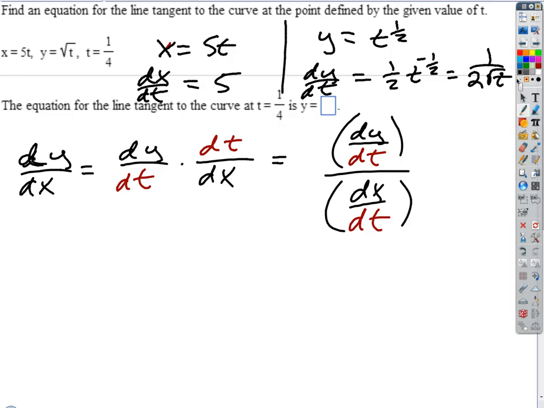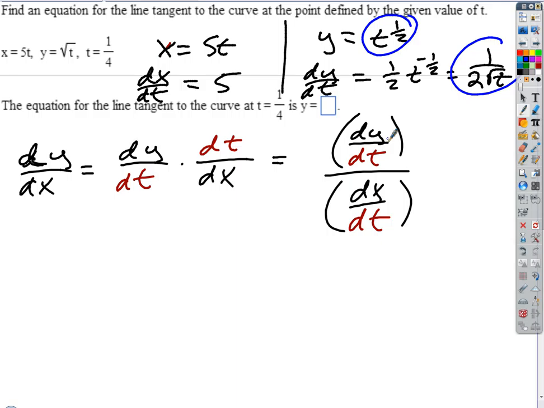Now, is everybody 100% comfortable with that? Any questions at all on that? Okay, so all we're doing then is taking these two functions and plugging them in there.